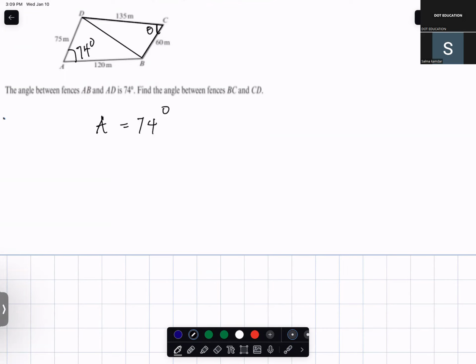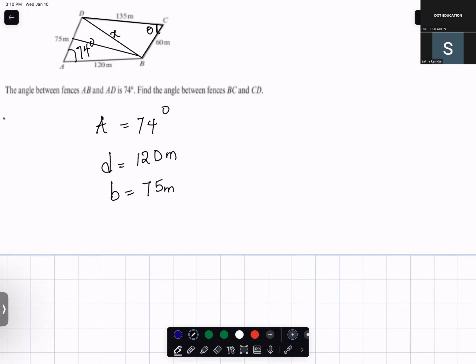I'll mark that as B because it's the opposite side to B. Then I have this here as 75 meters. I will label the unknown side X.